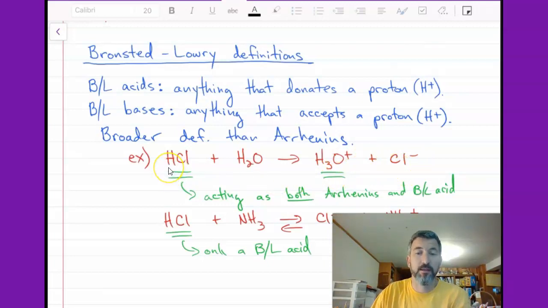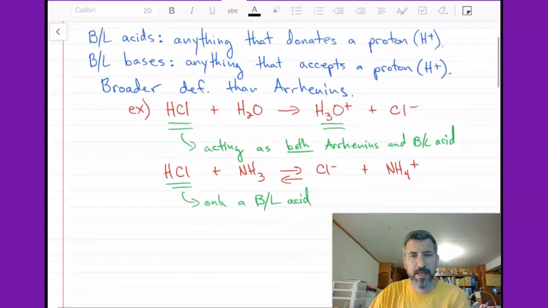Well, it creates it by donating a proton to the water, right? So that makes HCl both an Arrhenius acid because it produces hydronium and a Bronsted-Lowry acid because it donates a proton.